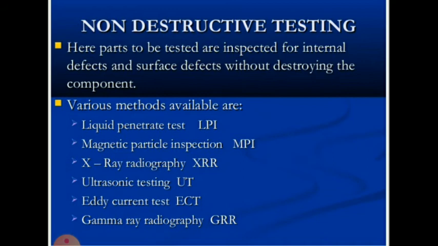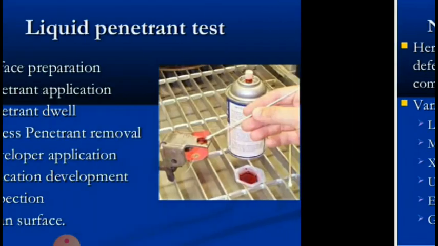Various methods available are liquid penetrant test, that is LPI, magnetic particle test MPI, X-ray radiography XRR, ultrasonic testing, eddy current test, and gamma ray radiography. So these are the various non-destructive tests. We will discuss only three tests: liquid penetrant, magnetic particle and X-ray.